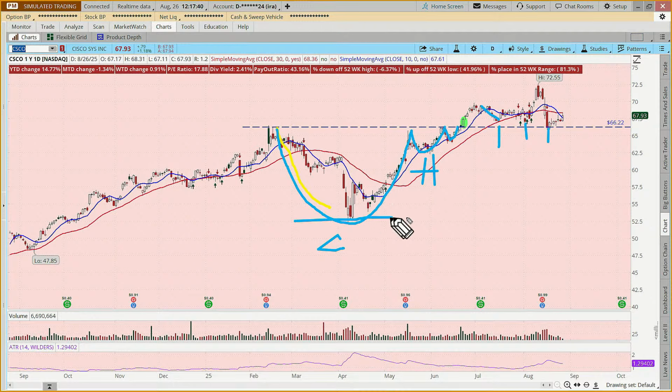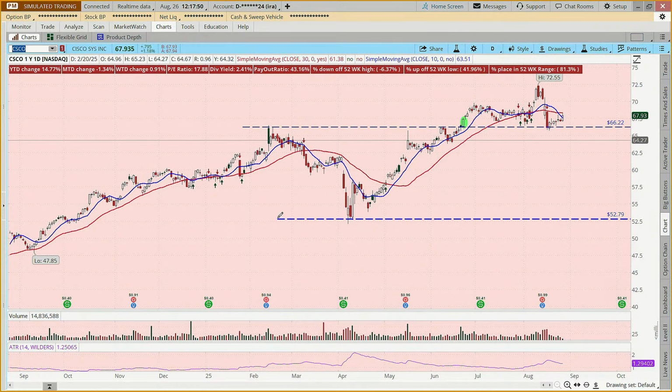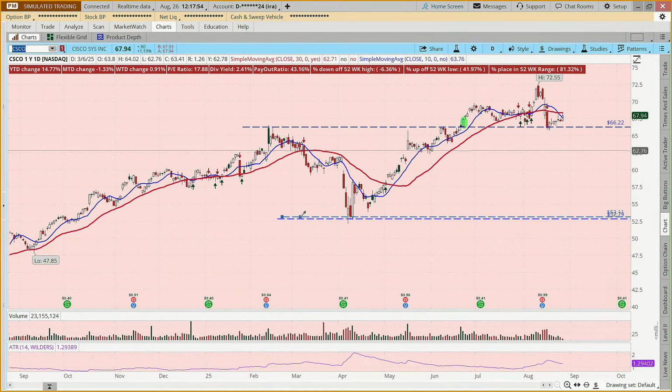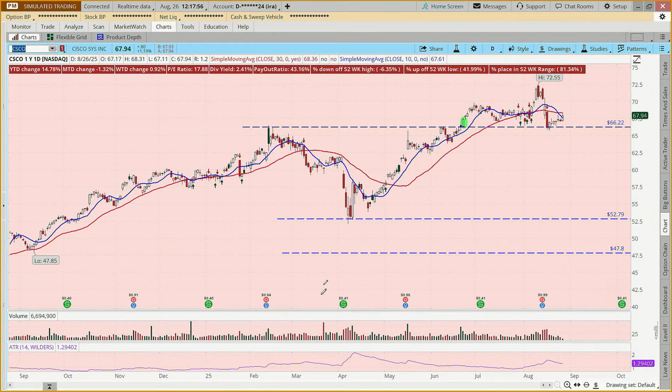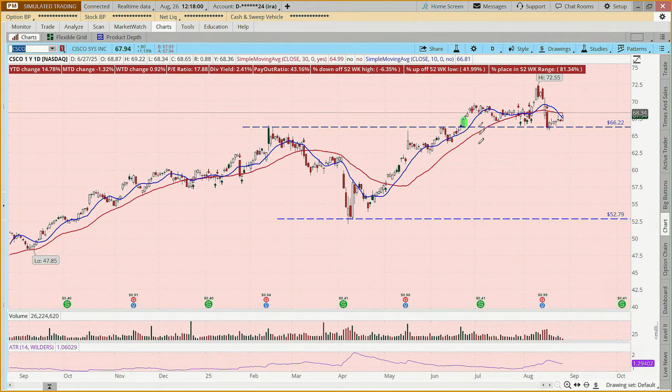If we looked at this originally, what might our target have been when it first broke out? Let me just use my drawing tool to help with the math. Let's say around this 52.79-ish level. Sorry, I didn't need two lines. And it broke out at this 66 level.